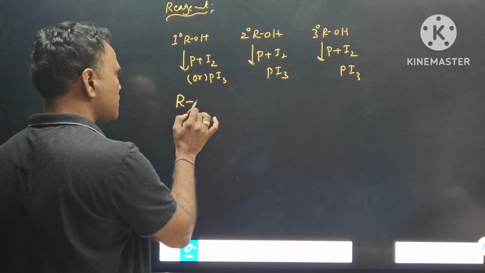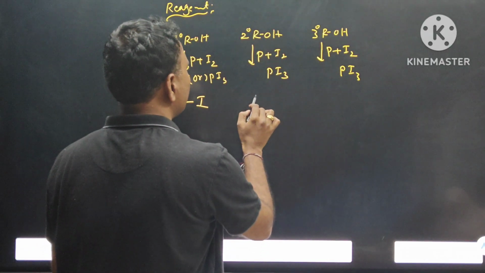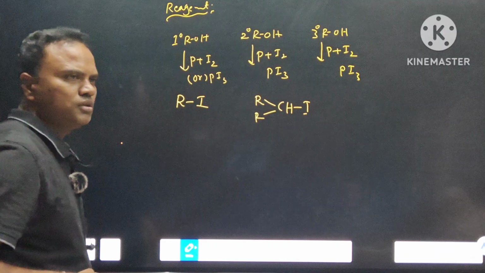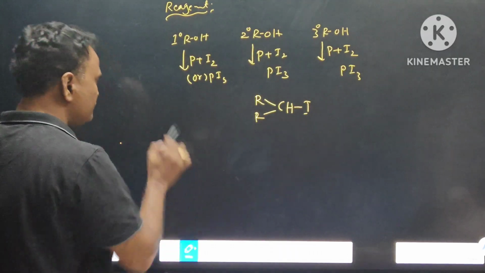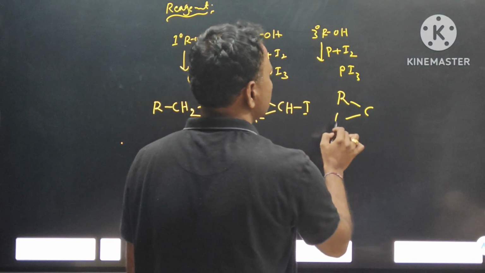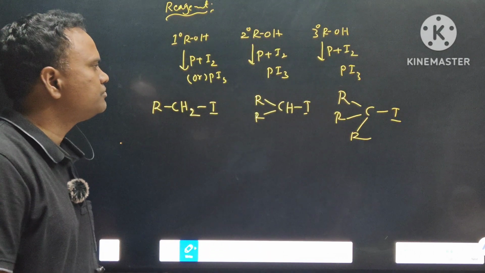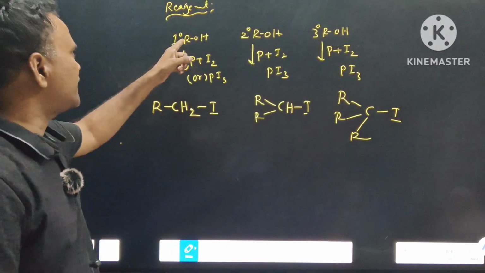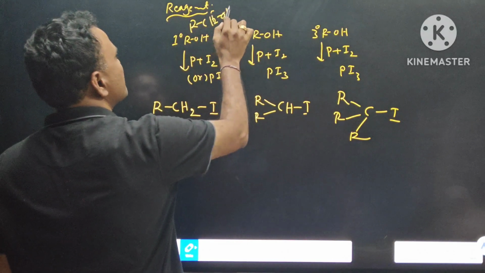What will you get? RI. Here also RI. Take like this, all of you: RCH2OH, this is primary or not?